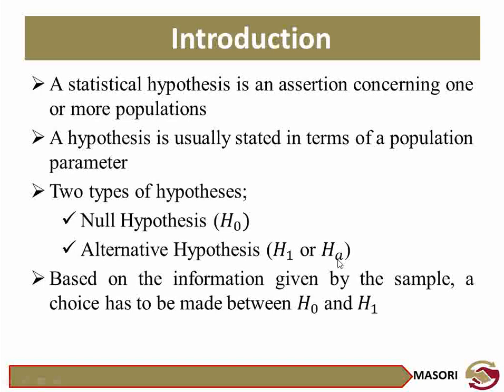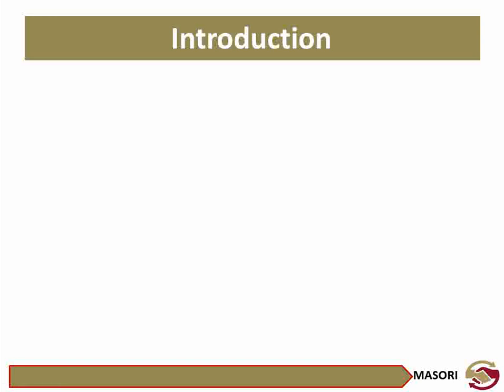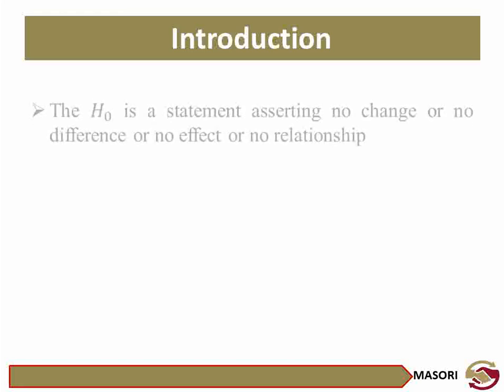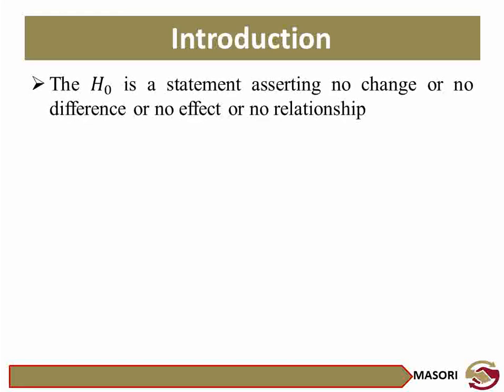So formally, we can now define what the null hypothesis and alternative hypothesis are. Let's start with the null hypothesis. The null hypothesis, denoted H0, is a statement asserting no change or no difference or no effect or no relationship.